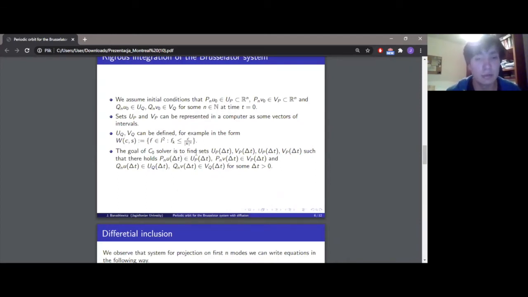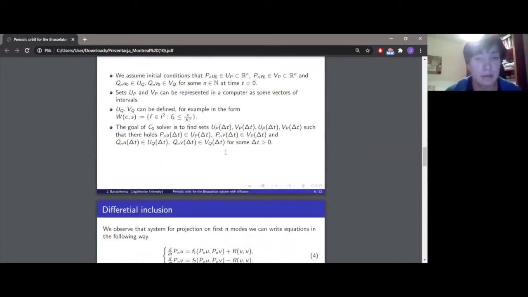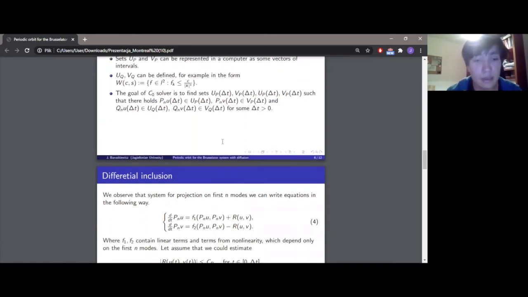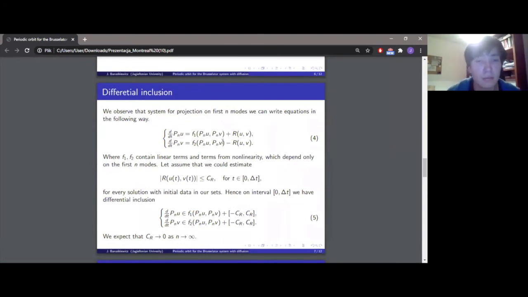In this block we get sets after the time delta t0, and these further modes will also be in sets that we describe by some numbers after the time delta t0. We can observe that for the first mode we can write the equation in the following way.